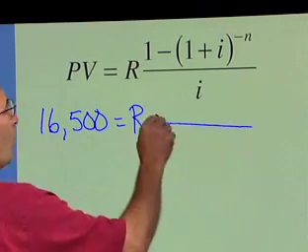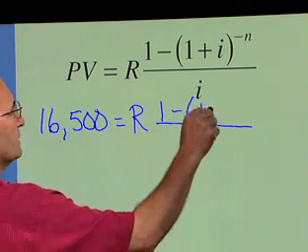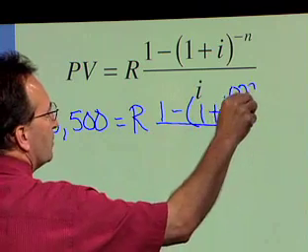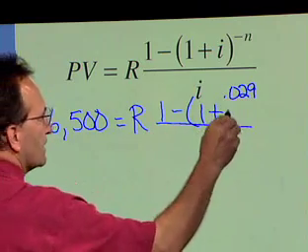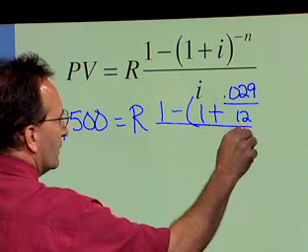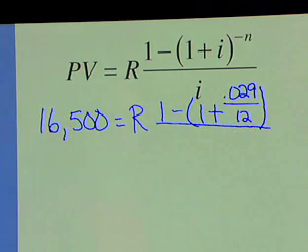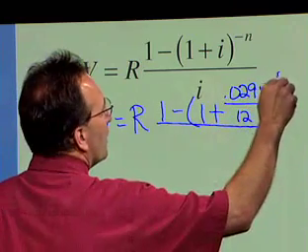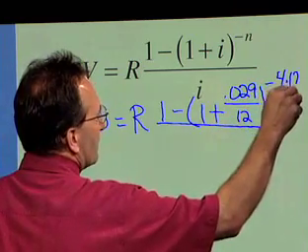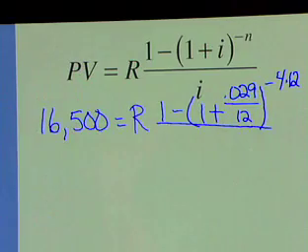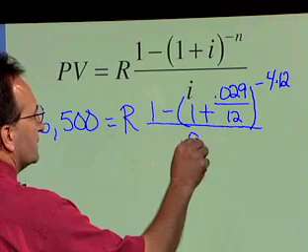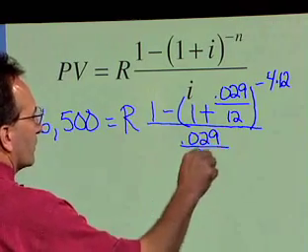Times 1 minus (1 plus i), and i is the interest rate, so 2.9%, which is 0.029 as a decimal, over 12, the number of periods, which is each month, raised to the minus n, and n is equal to the number of years times the number of payments per year, so times 12, and that's all over i, which we already said is 0.029 over 12.